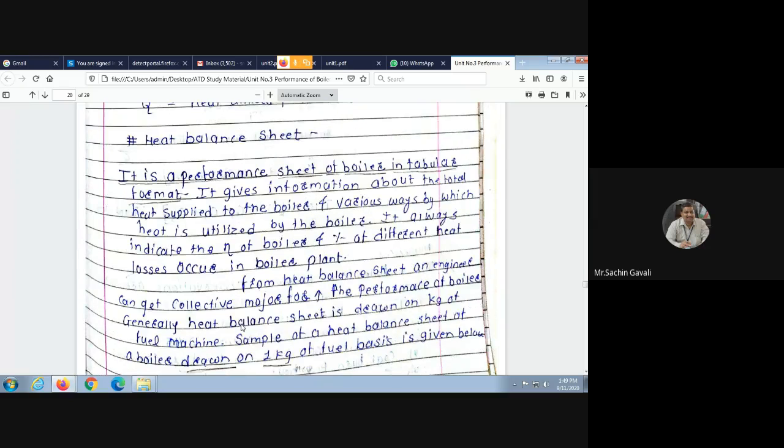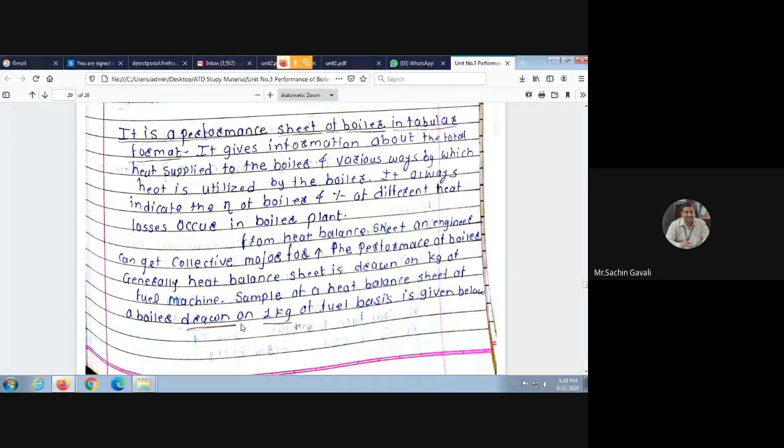Okay. Then last time I think we also started the heat balance sheet of a boiler. Now Swas, you take the lead. What is a heat balance sheet? We discussed it that day. Heat balance sheet is the performance sheet of a boiler in a tabular format.